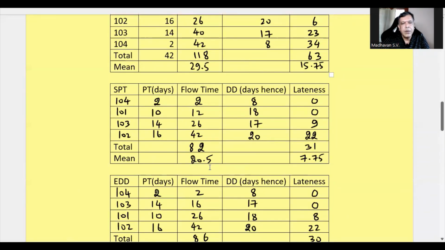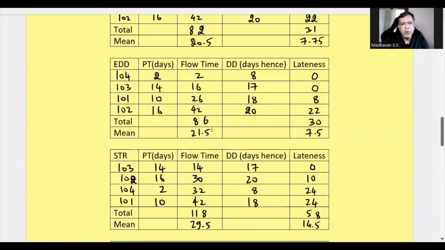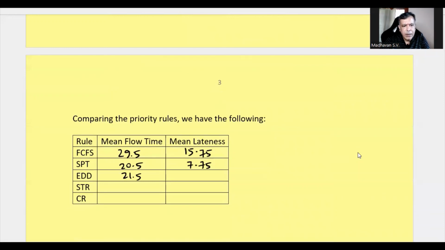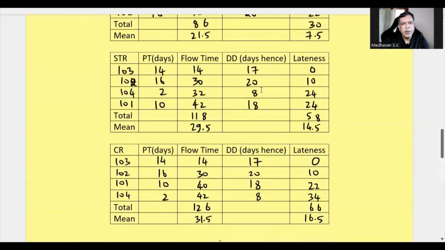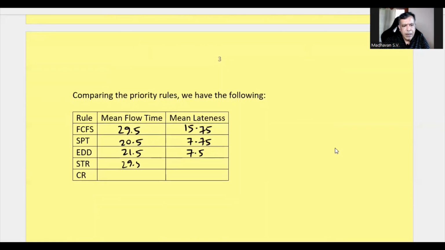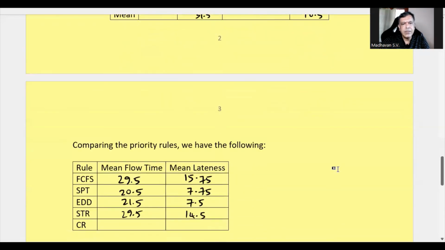Then SPT 20.5, 7.75. Then EDD, we have 21.5 and 7.5. Then STR, we have 29.5 and 14.5. Finally, we have CR, that is critical ratio, 31.5 and 16.5.